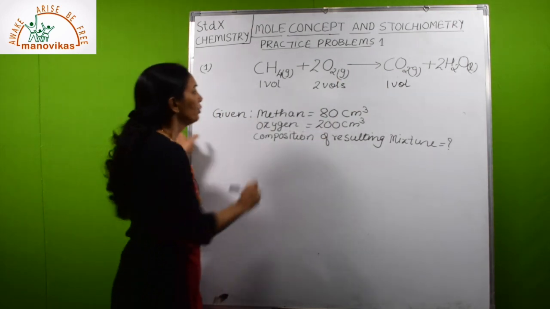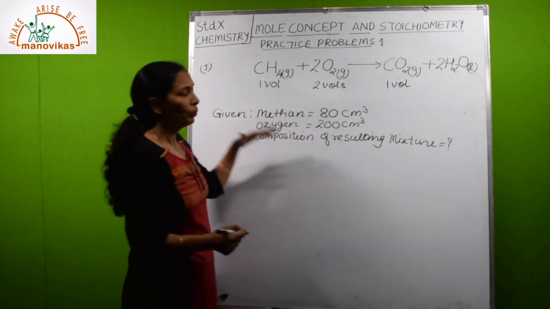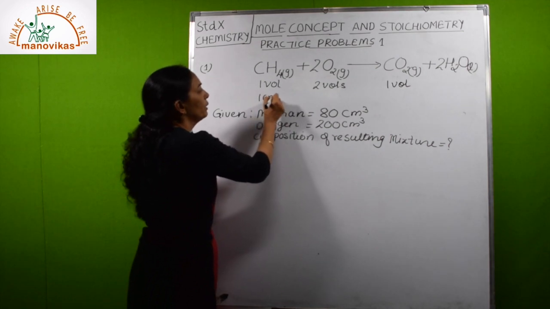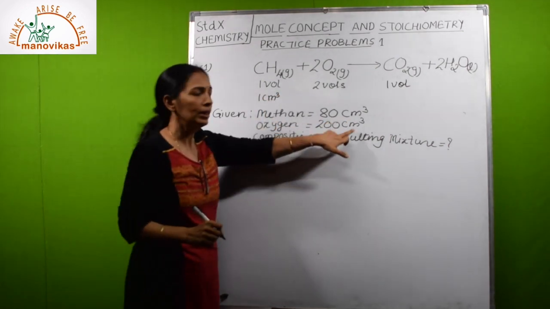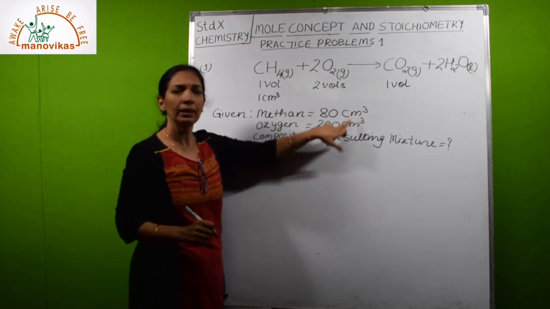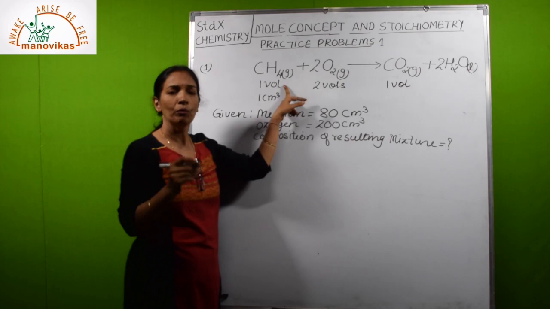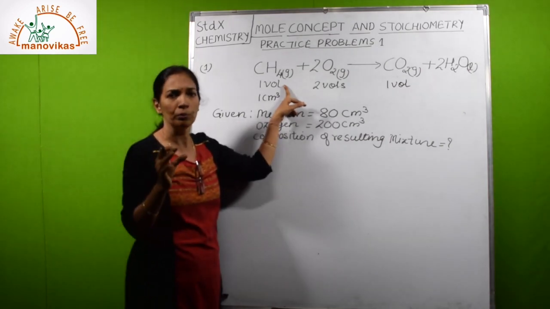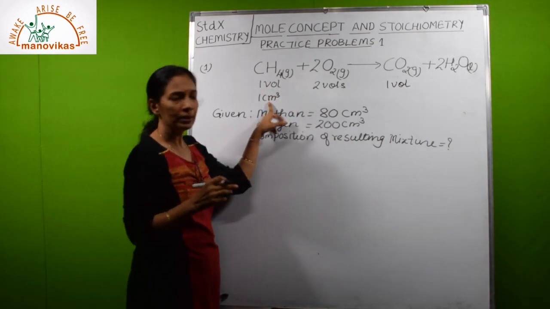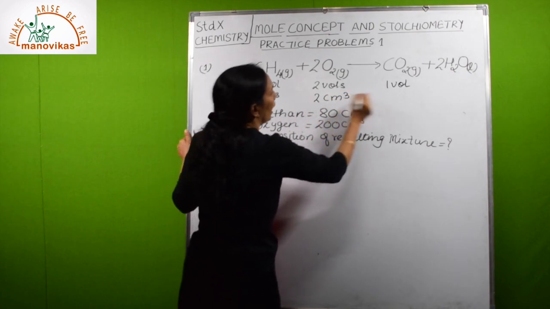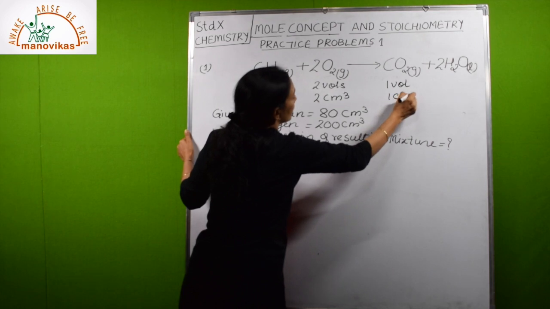For convenience, you can write one volume as 1 cubic centimeter, since here the unit given is cubic centimeter. If it is given in ml, then you can write ml. As I said, volume means some known volume. So we can write 1 cubic centimeter, here 2 cubic centimeter, and here 1 cubic centimeter.